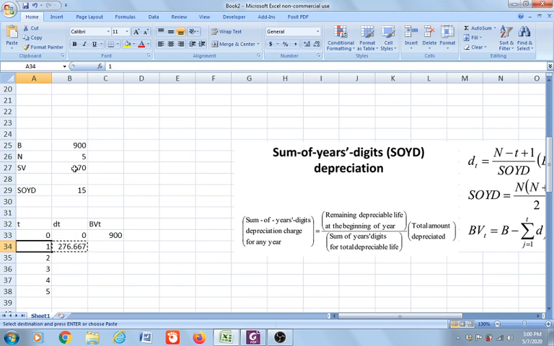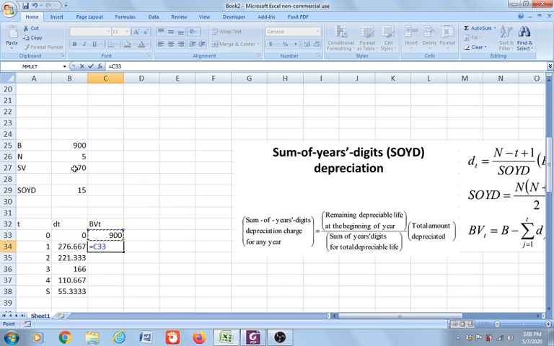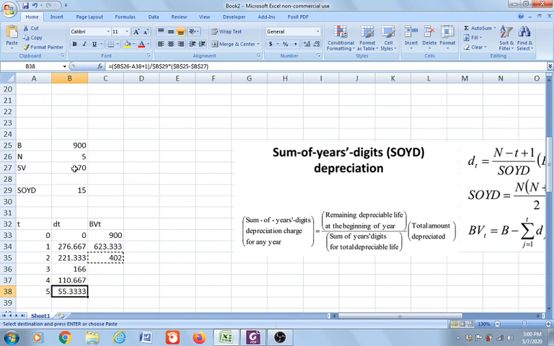So in Excel, we just copy it down and paste. The book value in year 1 is the book value in year 0 minus the depreciation charge in year 1. The book value in year 2 is the book value in year 1 minus the depreciation charge in year 2. So we just copy everything down.